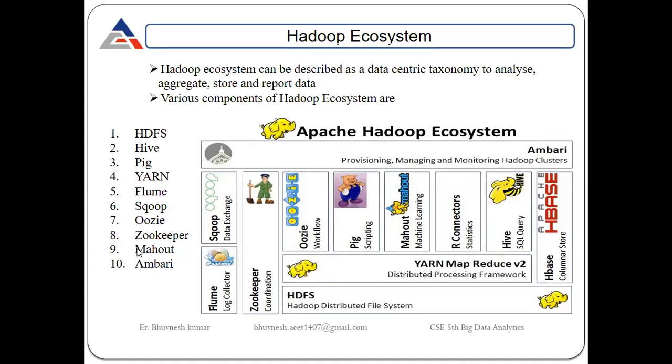These are the ecosystem components in your Hadoop: HDFS, Hive, Pig, Yarn, Flume, Sqoop, Oozie, Zookeeper, Mahout, Ambari. In our syllabus there are HDFS, Pig, Yarn. These three concepts we will study in unit second and unit third.